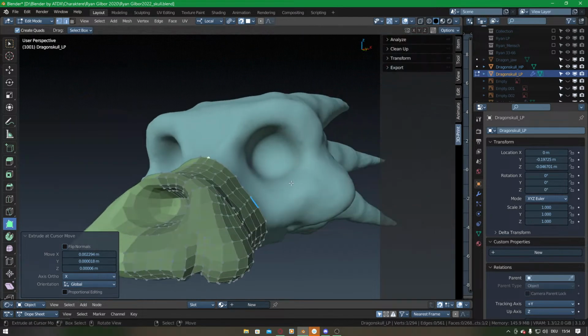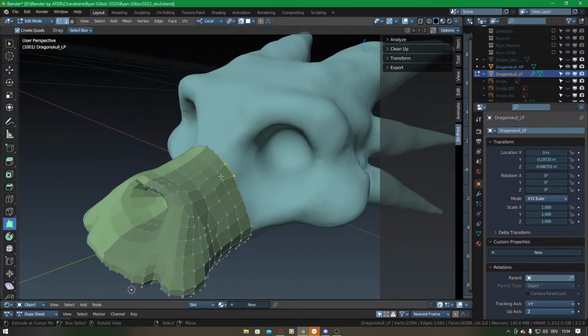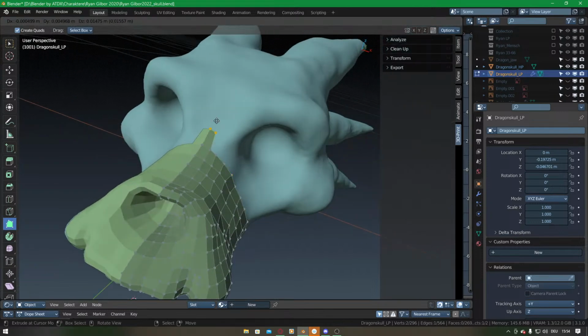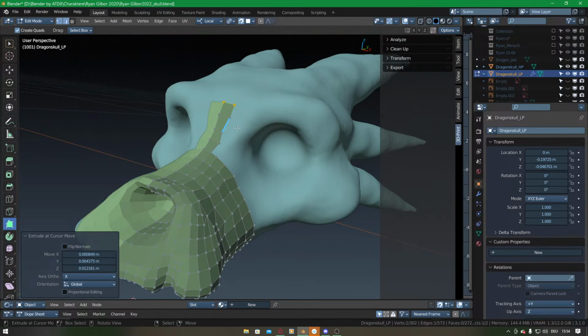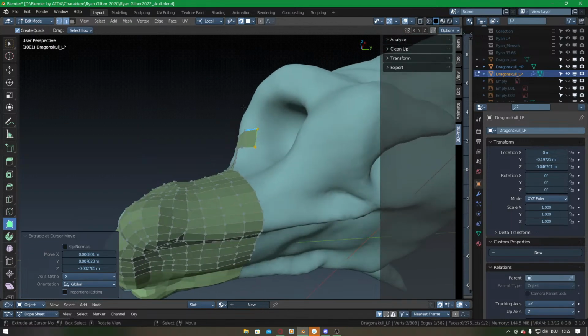All right, the eyes. I will do the eye sockets more. Let's see.